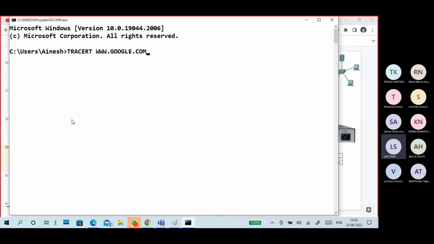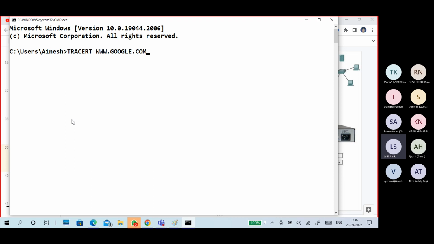It will be in some place like San Jose, San Francisco. So I have to reach that place, up to google.com, then only I will get the information, right?